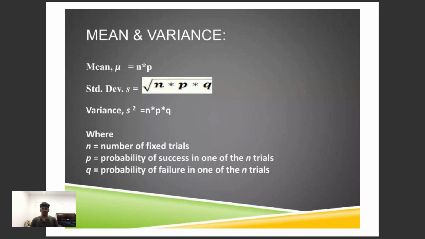Standard deviation, sigma, is equal to the square root of the product of n multiplied by p multiplied by q. Variance, sigma squared, is equal to n multiplied by p multiplied by q, where n is the number of fixed trials, p is the probability of success in one of the n trials, q is the probability of failure in one of the n trials.